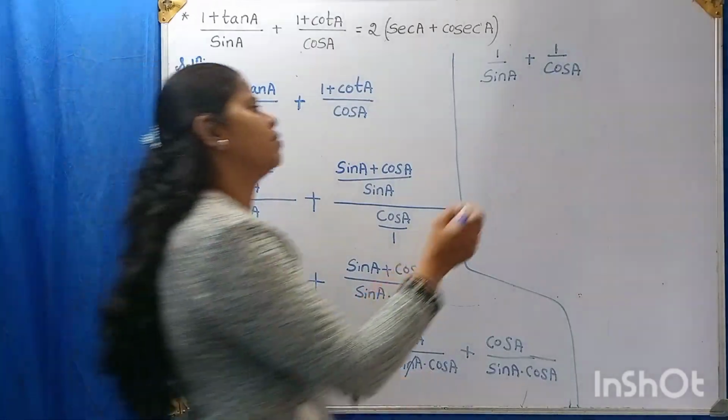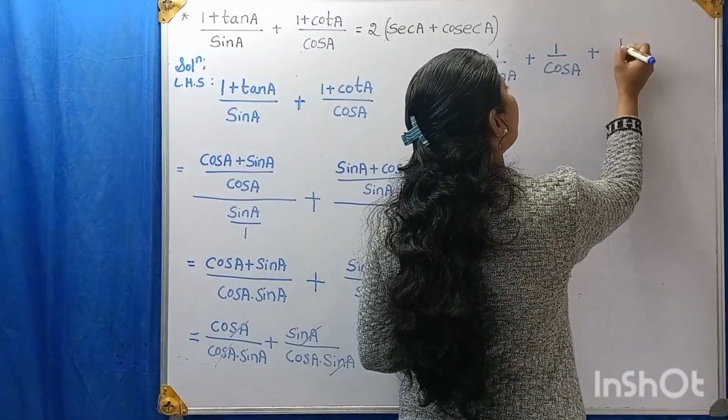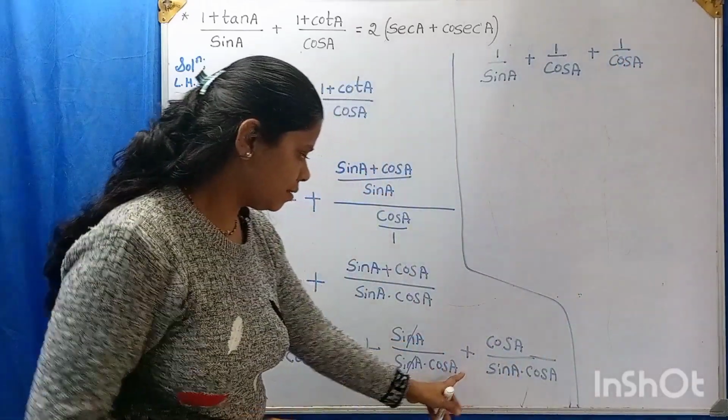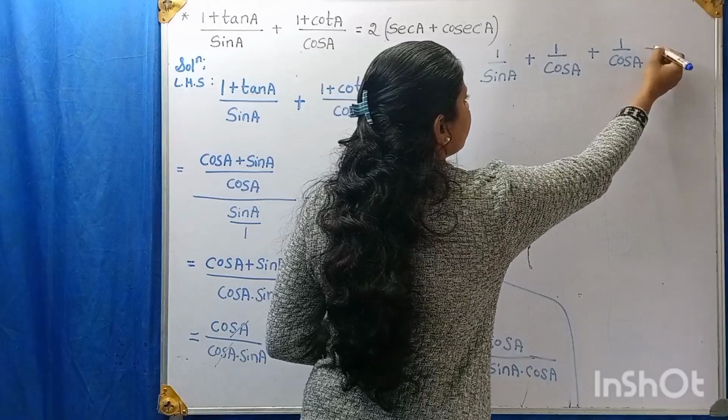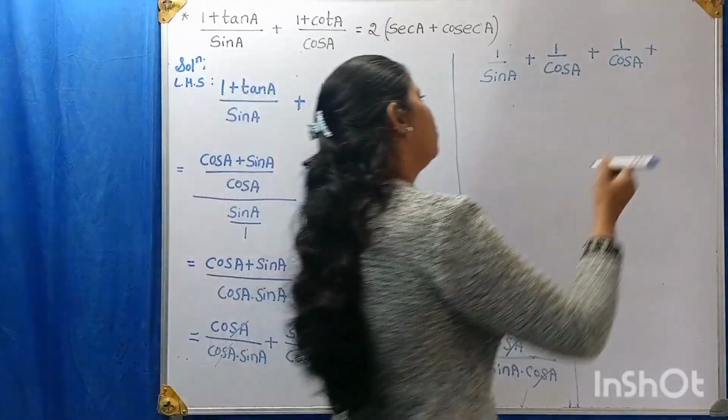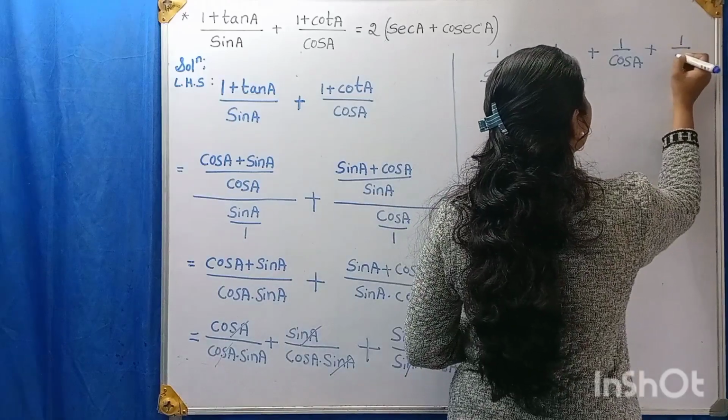Plus cos A will get cancelled, 1 by sin A.